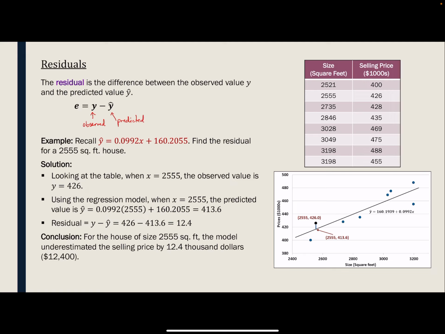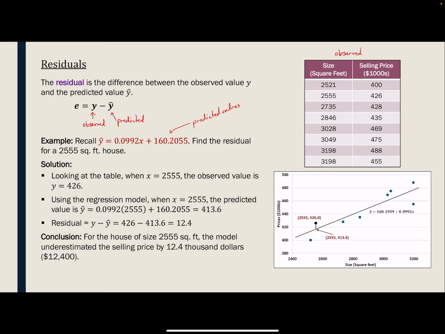And remember that the observed values came from the table, and the predicted values come from the line. So this is what gives us the predicted values. So if we want to find a residual, we're looking for the difference between these two things.